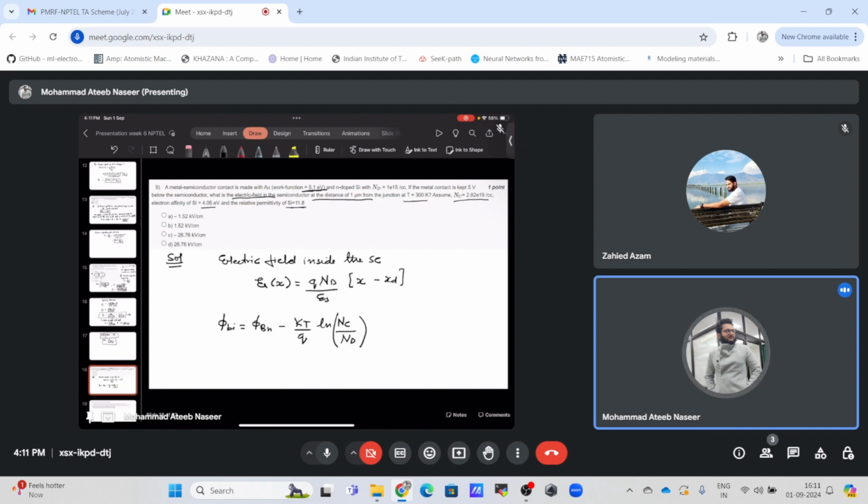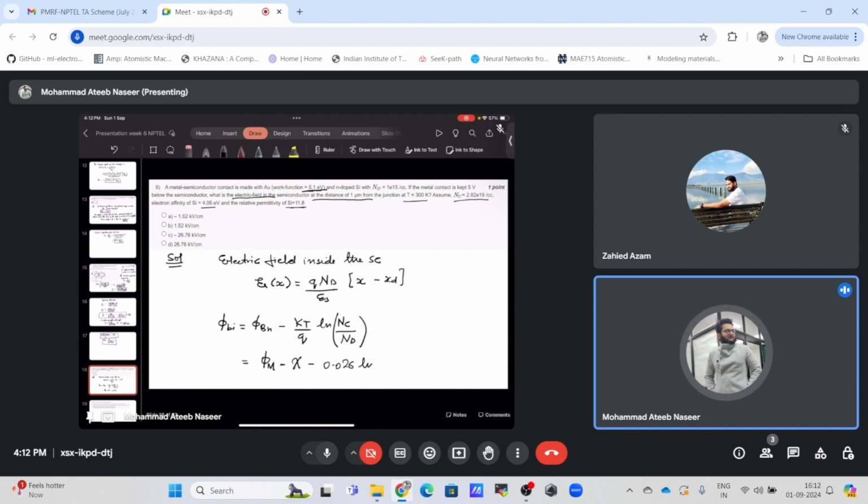So this phi bn is simply equal to phi m minus chi, and since we are at room temperature, kT by q is simply 26 milli electron volts.